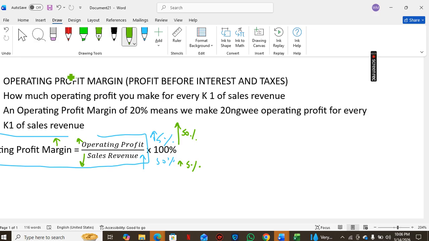Yes. And remember, operating profit, which I also put as PBIT, profit before interest and tax, it's just your gross profit minus your operational expenses.